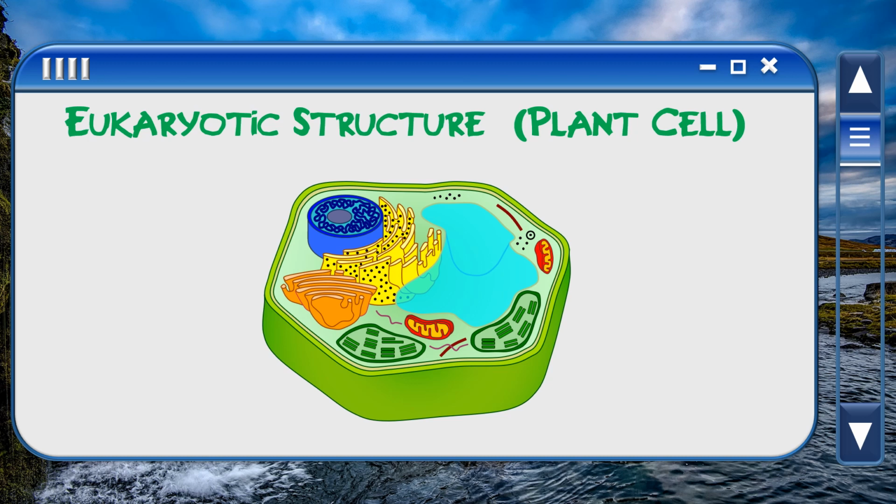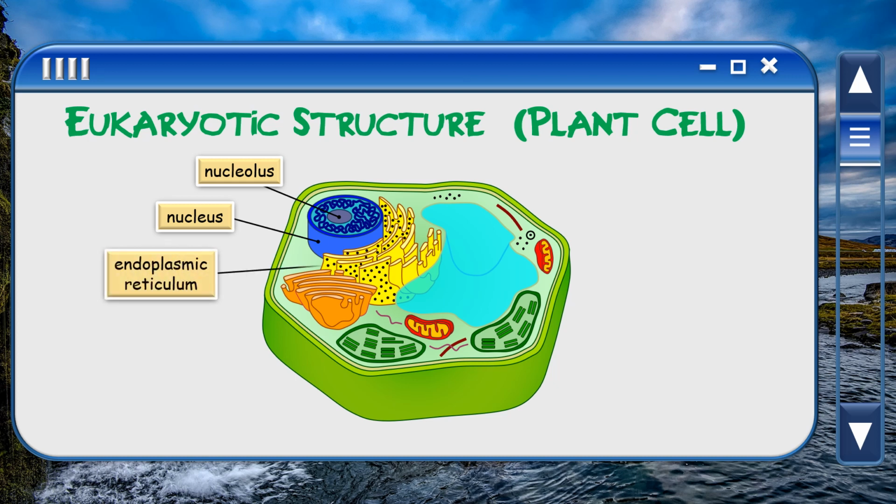Eukaryotic structure, plant cell. The plant cell is composed of the nucleolus, which is in the center of the nucleus. It has the nucleus outside on the corner. It has got endoplasmic reticulum, and you can recognize that it is a rough endoplasmic reticulum.